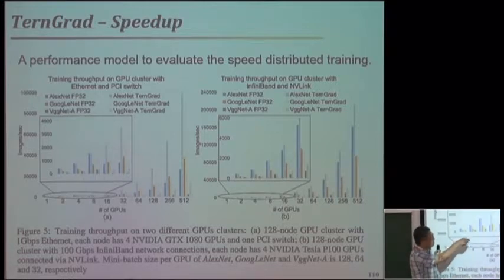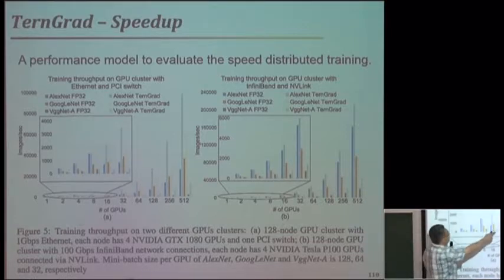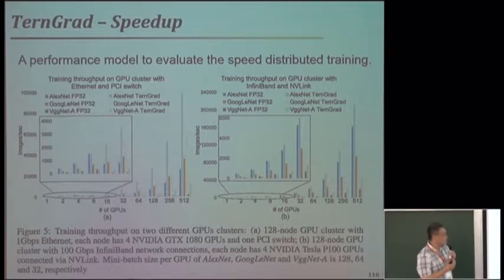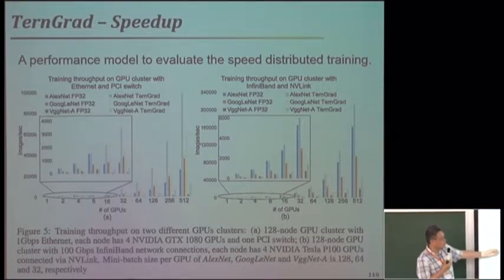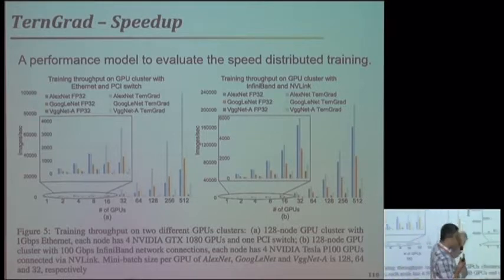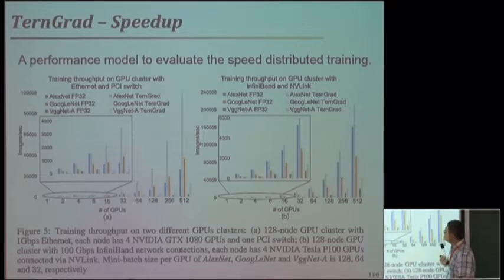The light yellow bar shows the result with ternary gradients, and this one shows the floating point. You see the dramatic improvement. And you also see the scalability here. As the number of GPUs increases, you can see the similar reduction in process time.